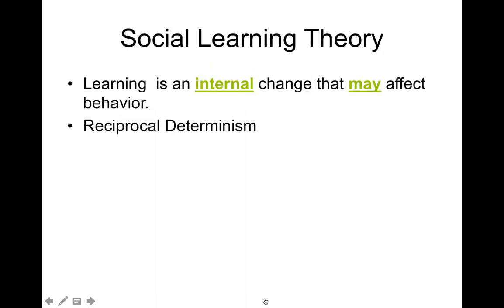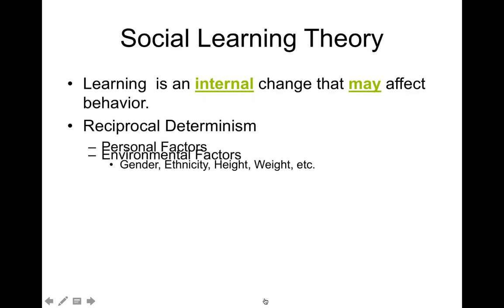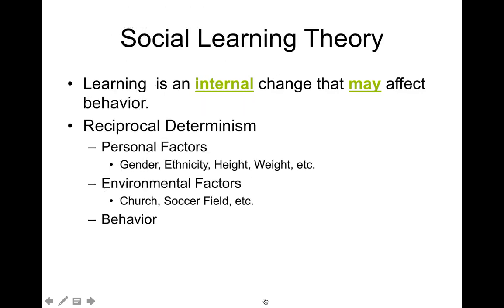So, social learning theory is basically, learning is an internal change that may affect behavior. And there's lots of factors that can influence learning. And one aspect is reciprocal determinism. And I actually have a short video from Khan Academy that gives a really good explanation of reciprocal determinism.